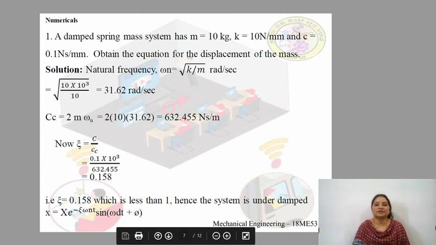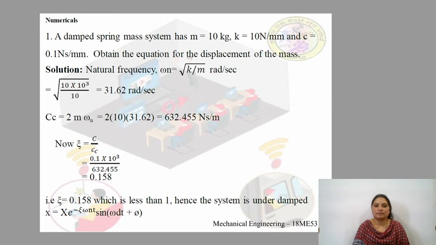Obtain the equation for the displacement of the mass. The given data are mass, spring stiffness and damping coefficient. Using this, we have to find out the equation for the displacement of the mass.